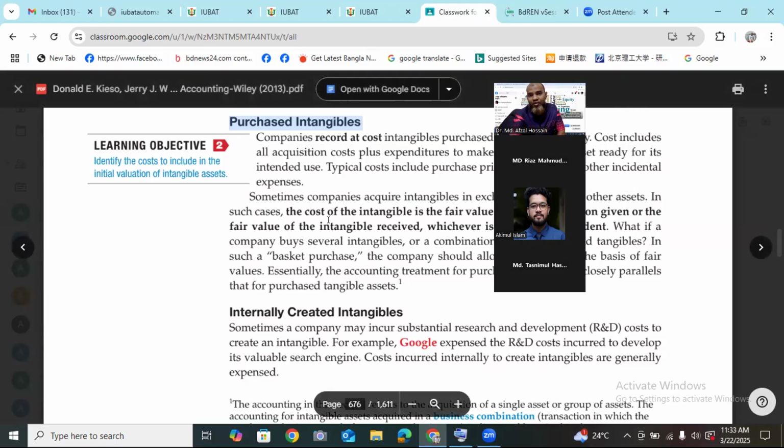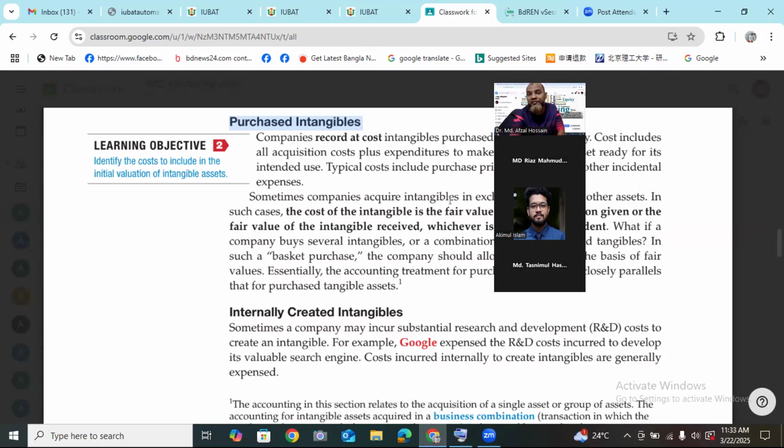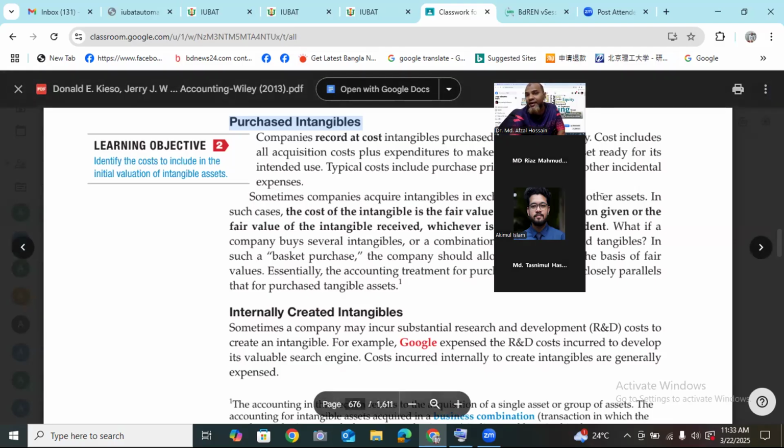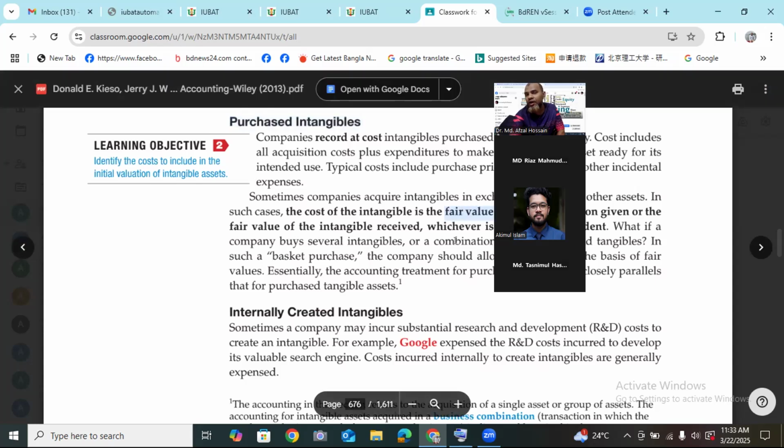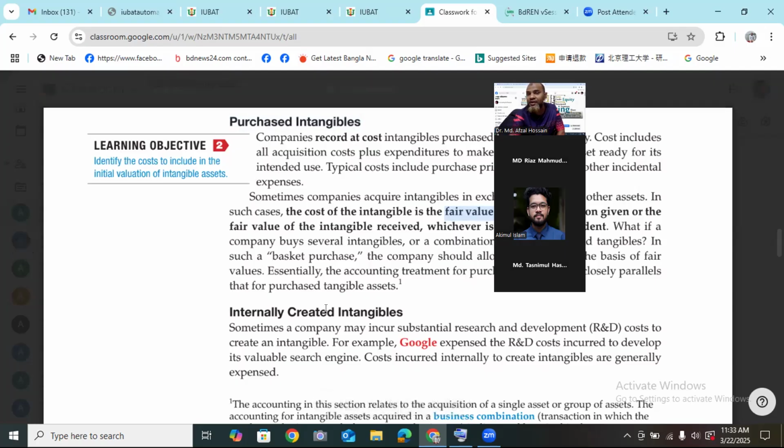In such a case the cost of the intangible is the fair value. If you purchase an intangible asset in exchange for stock and other assets, then the cost should be on the basis of the fair value of the consideration given or the fair value of the intangible received, whichever is more clearly evident.